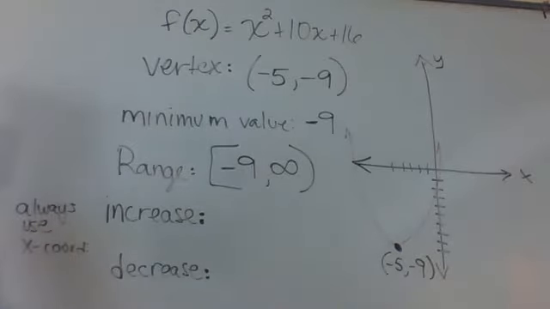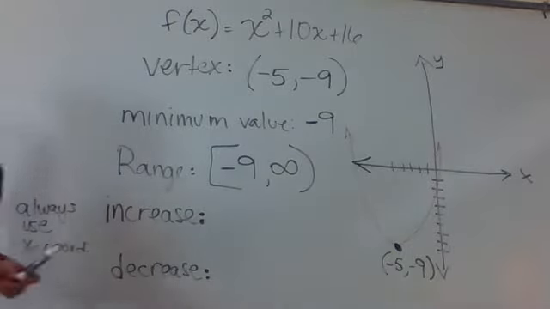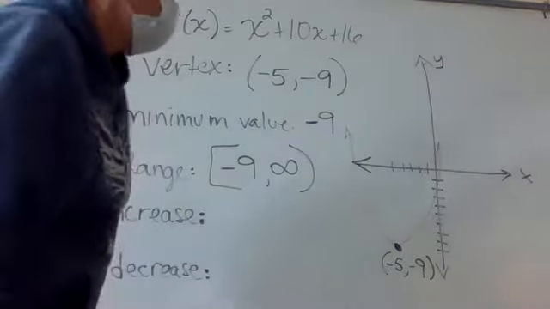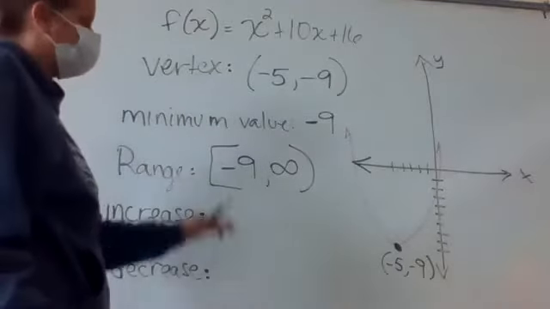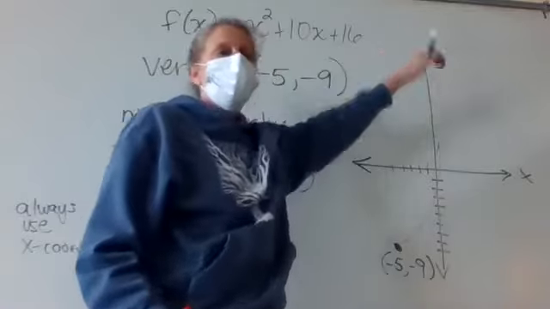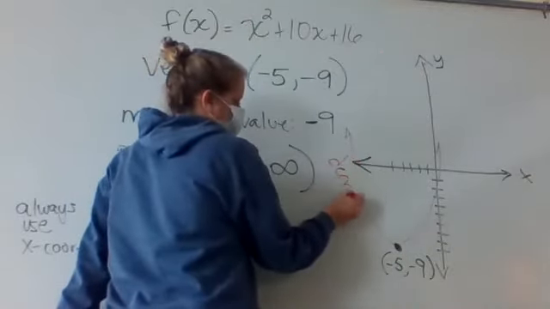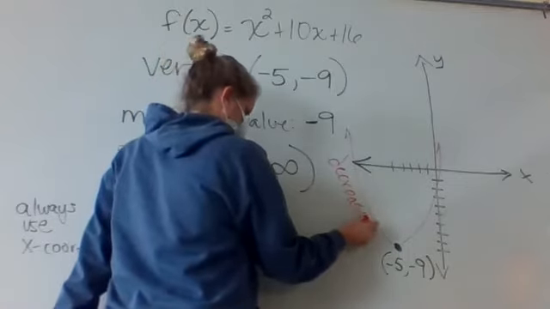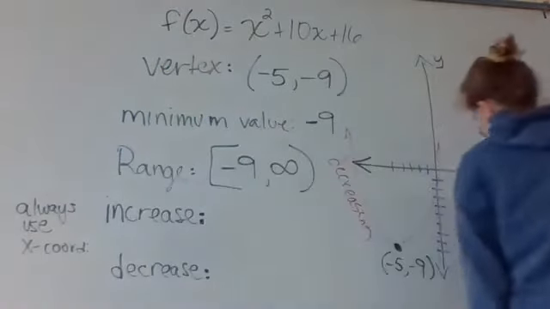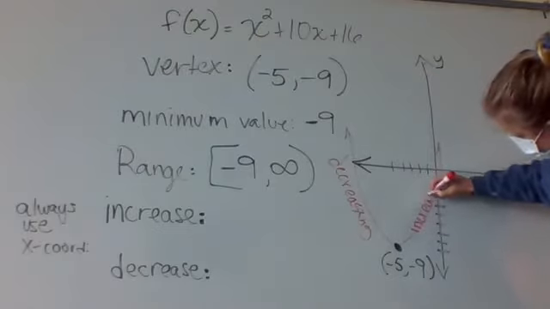Again, this is an interval question, which means I'm going to enter my increase and decrease as an interval answer. So let's see. Decreasing is where it's going down. Increasing is when it's going up. So this side is decreasing. And this side is increasing.